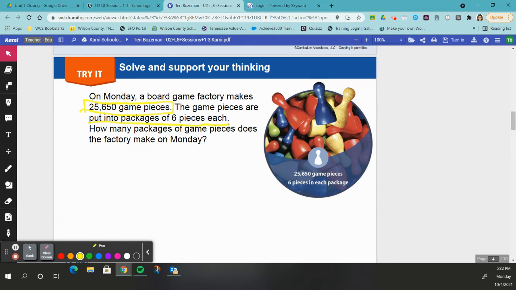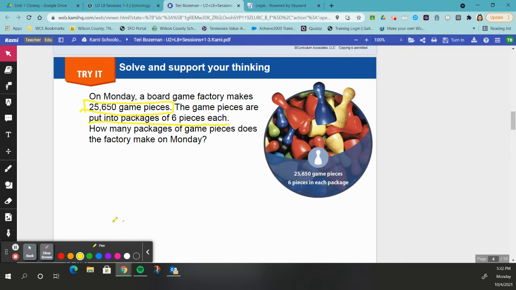So we have a large number of pieces, and we want to condense it down to 6 pieces in each group. So think about what we're going to be doing here. We have a large amount of pieces, 25,650 pieces, right? And we want to figure out how we can condense this so that there are 6 pieces in each group.